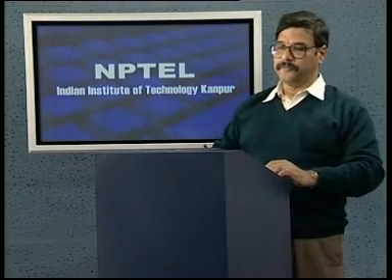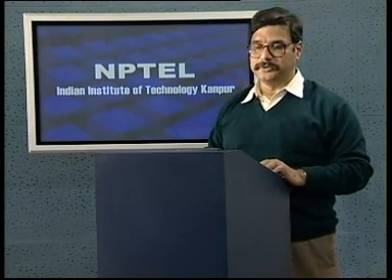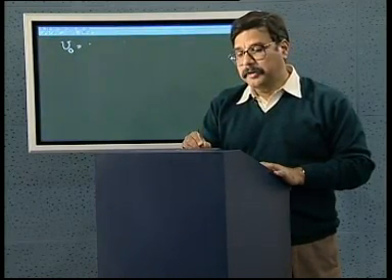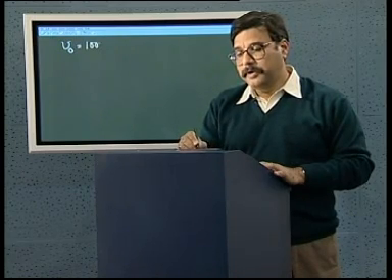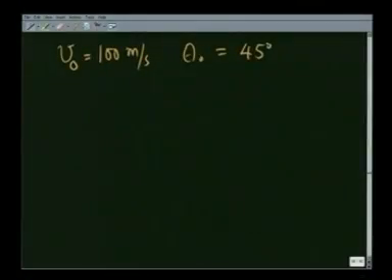As an example of how the trajectories are affected by different values of the drag coefficient, I have taken a sample problem of a particle being thrown with a speed of 100 meters per second at an angle theta 0 equal to 45 degrees, and I will plot the trajectories I have calculated for 3 different k's.